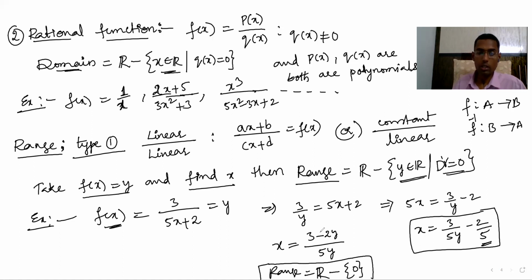So actually we are finding the inverse function. What is the domain of the inverse function? Range of the function. So I think you understand this. Okay. Did you understand or not?